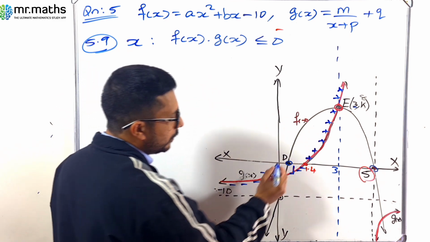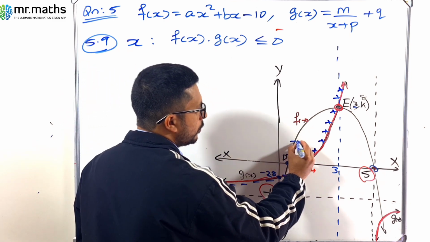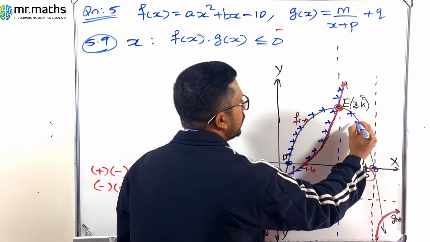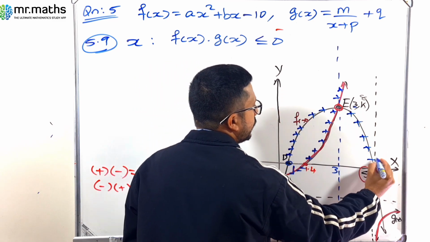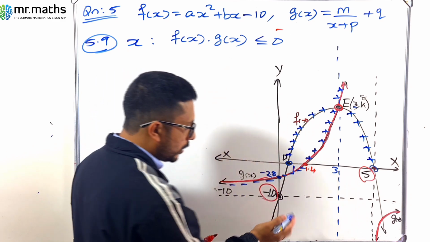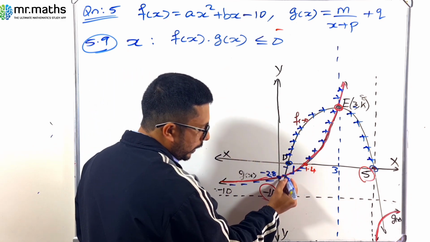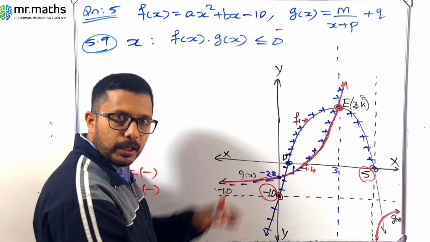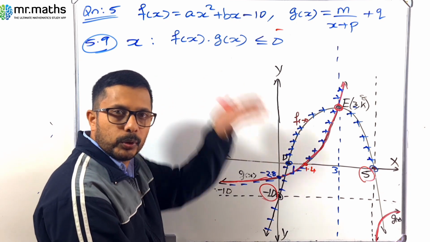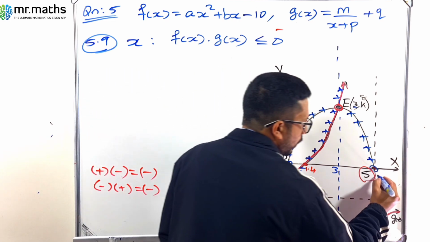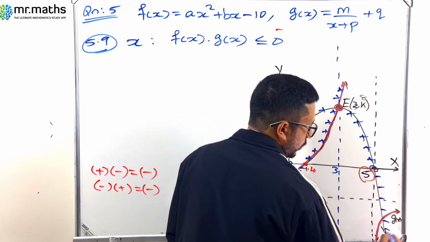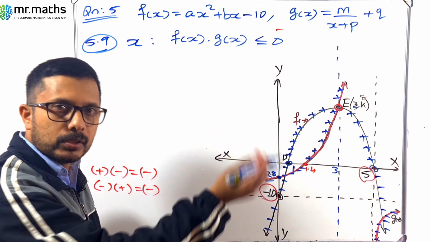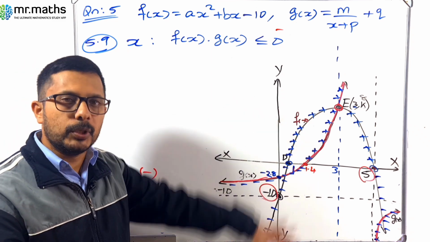And here this one is positive because that is above x-axis. But below this one negative. Can you see that? Below x-axis negative, above x-axis positive. This one also negative. Okay, that g of x, that part is also negative because it's below x-axis.